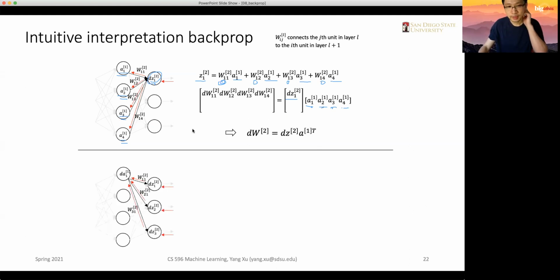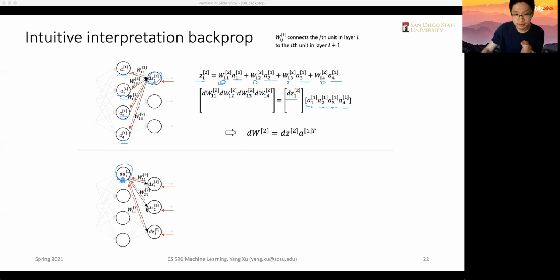In the second case, when we want to know the gradients for one particular unit, when we want to know how much gradient we have for A1, we need to consider how many units in the output layer A1 contributes to. A1 connects to 3 units here.